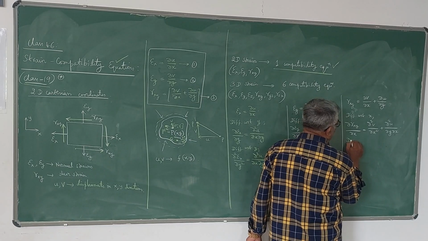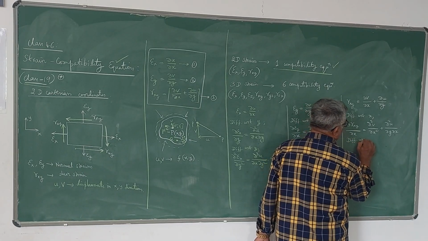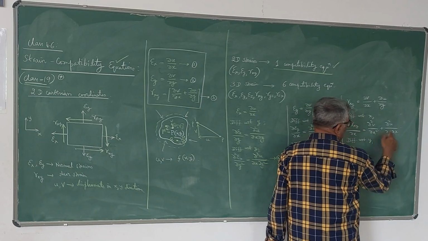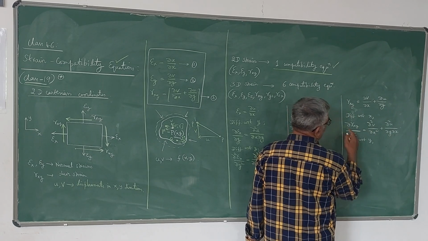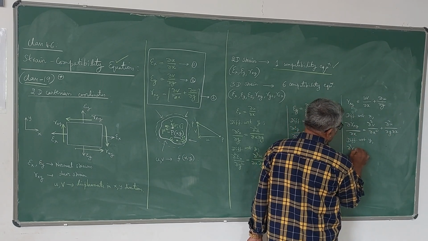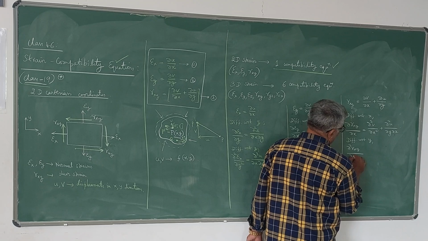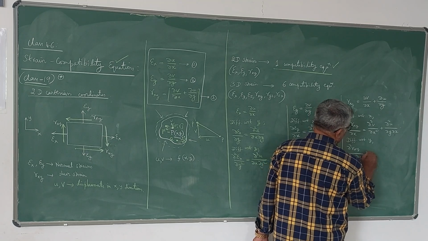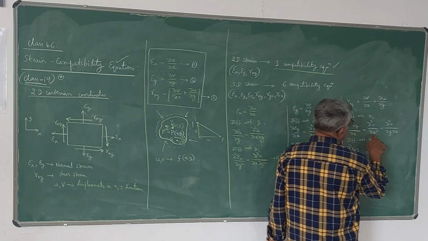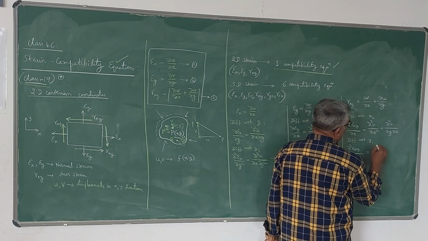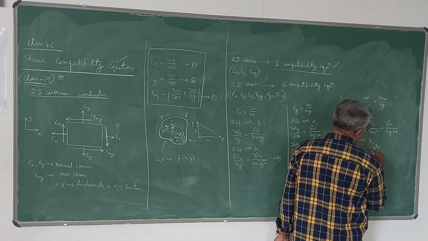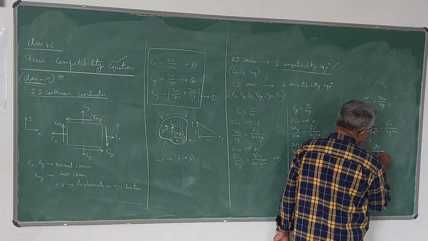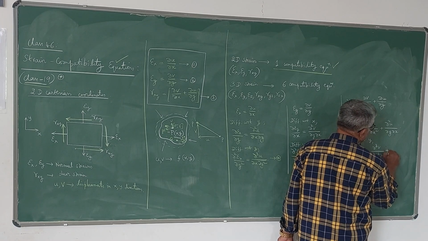Next step, I will differentiate with respect to y now. This one I will differentiate with respect to y. So what do you get? ∂²γxy/∂x∂y. This should be equal to this. If I differentiate with respect to y, ∂³v/∂x²∂y plus this.